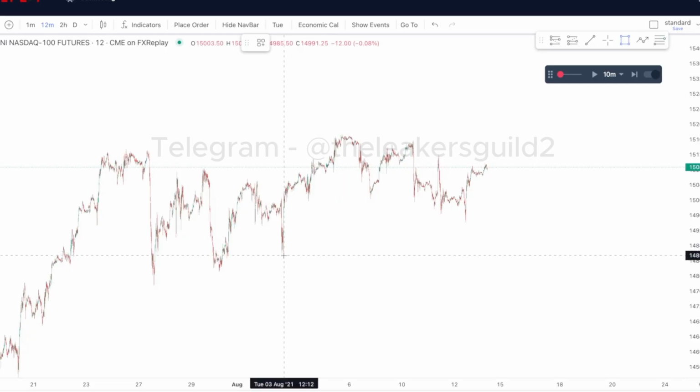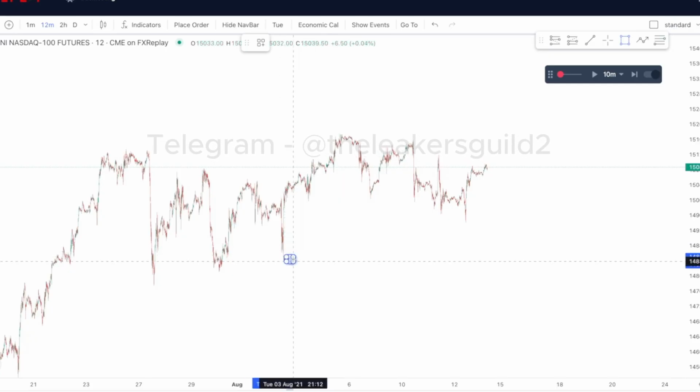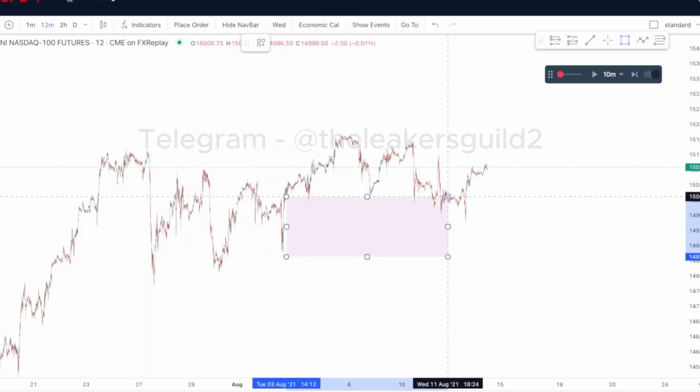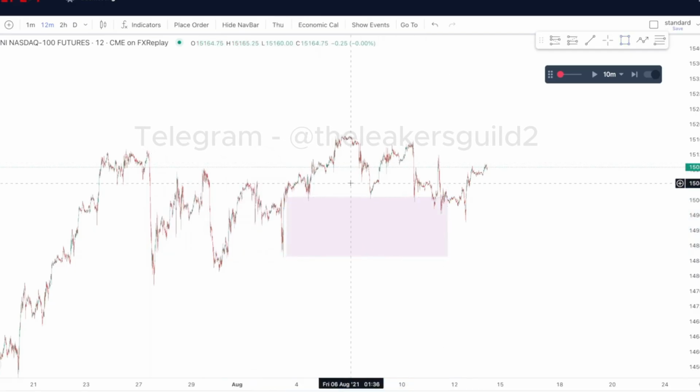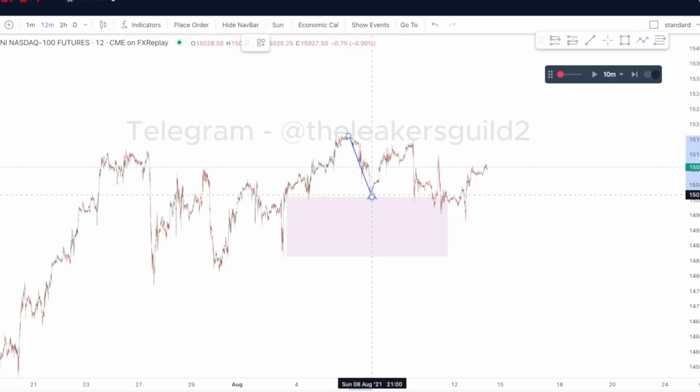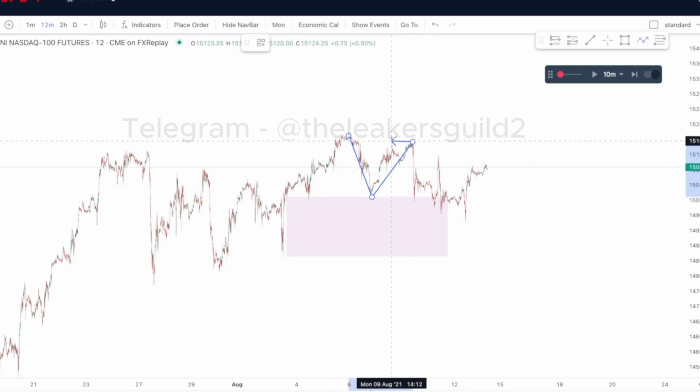Right here, we might be getting another example forming. We've got this higher time frame low that caused price to come up and run these highs here. We've got our higher time frame failure that occurs right here, and we know it's a failure because price comes down, sets a low, and then fails to take the high.